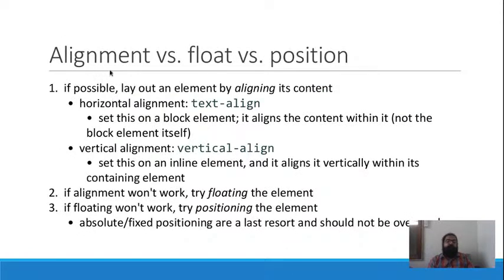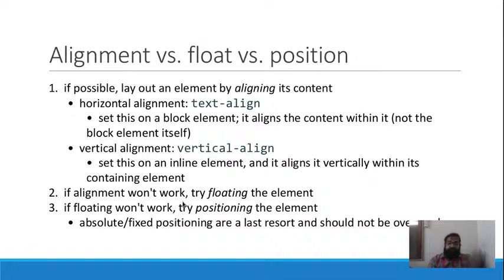So alignment versus float versus position. If possible, lay out an element by aligning its content. If alignment won't work, try floating the element. If floating won't work, try positioning the element. So first you will try to align the element.